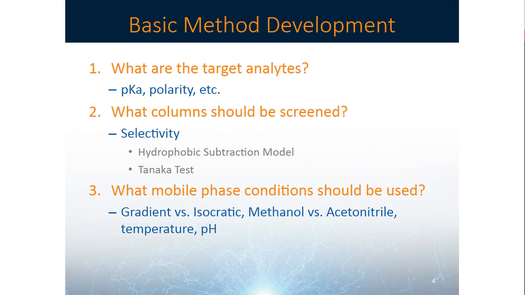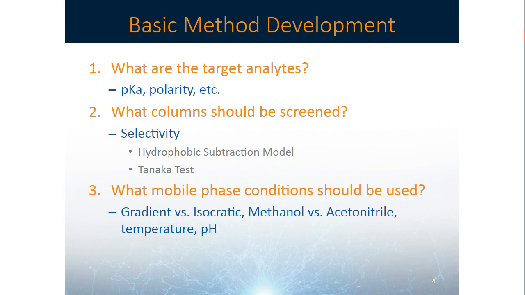Second, then, you would ask yourself, well, what columns should be screened? And in order to answer that, you need to know something about the selectivity of the stationary phases of the columns that you'll be using. And to help answer that question, you can either use the hydrophobic subtraction model or Tanaka testing, or even a combination of the two.